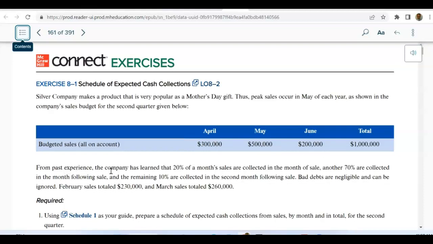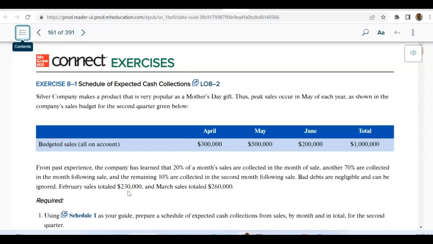And from past experience, the company has learned that 20% of a month's sales are collected in the month of sale. Another 70% is collected the month following sale, and the remaining 10% is collected in the second month following sale. Bad debts are negligible and can be ignored.